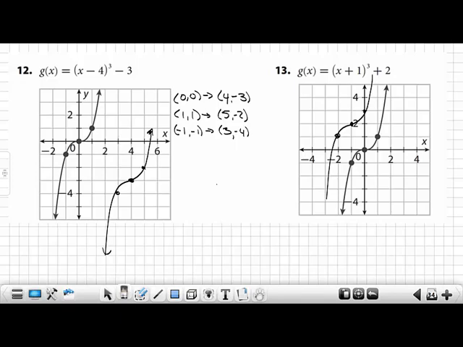Here, 0, 0 became -1, 2. 1, 1 became 0, 3. And -1, -1 became -2, 1.